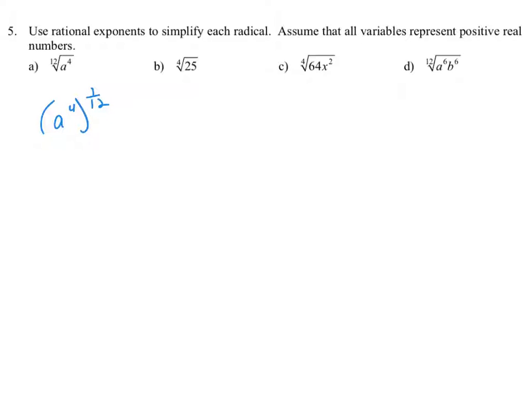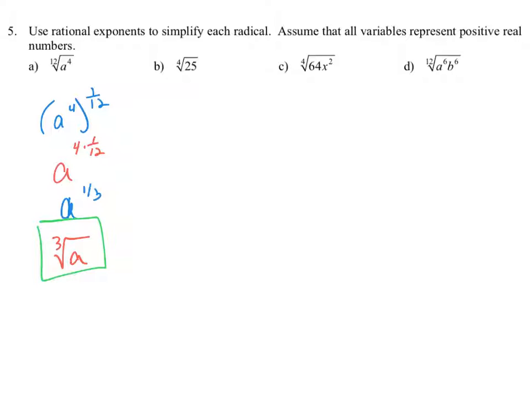And by using the power rule for exponents, power to a power, you're going to multiply 4 times 1/12, and that is 4/12, which is reduced to a to the 1/3 power. 4 times 1/12 is 1/3. And then finally we can write this as a to the 1/3 power, or writing it as a radical, we write this as the cube root of a as our final answer.